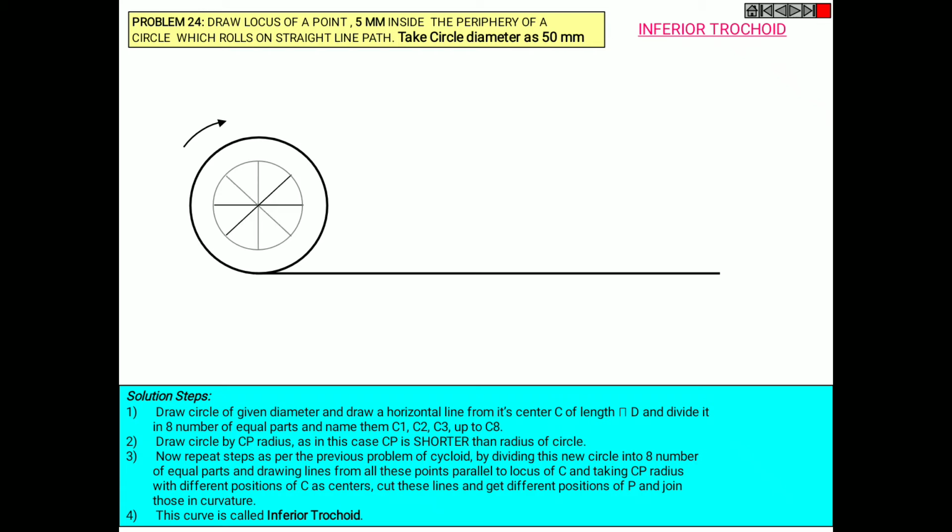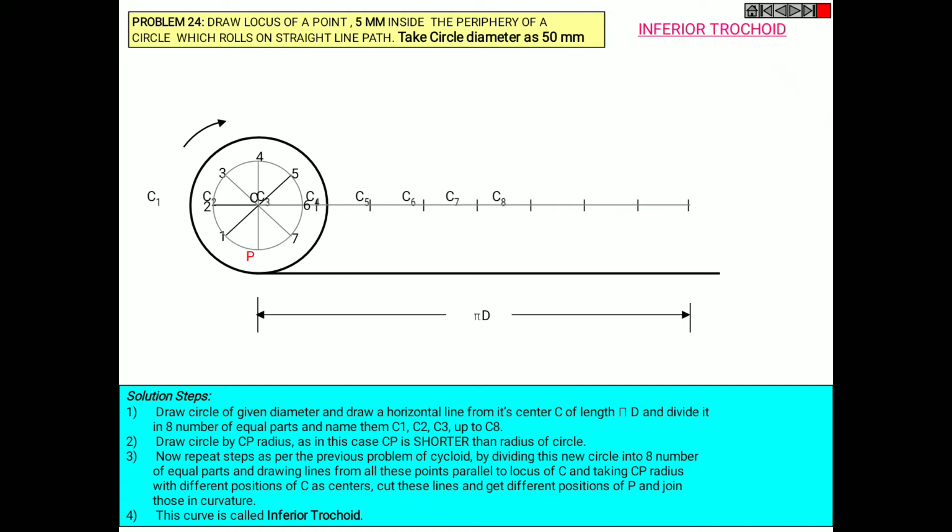Divide that circle into 8 equal parts and mention the points in the clockwise order, and from the center C extend the horizontal line at a distance of pi d and divide this line again into 8 equal parts. Mention these points as C1, C2, C3 and so on up to C8.